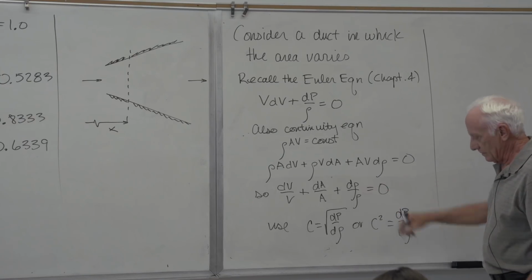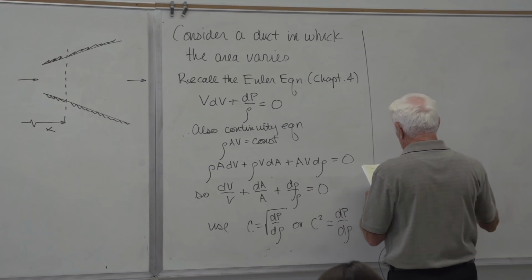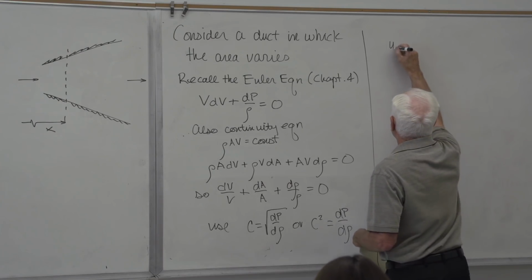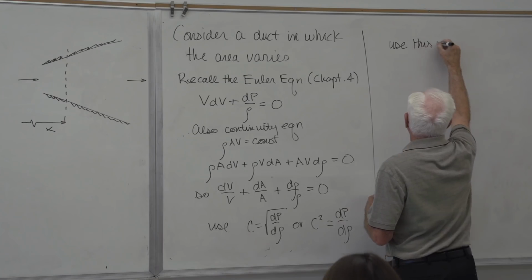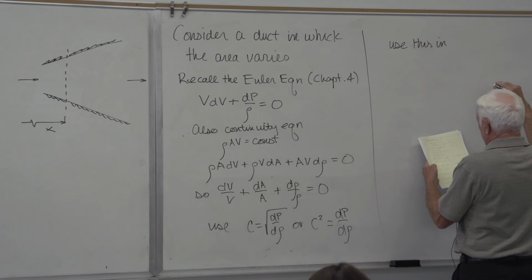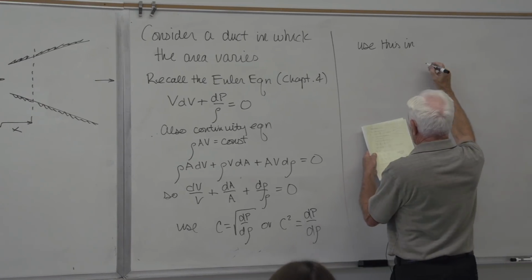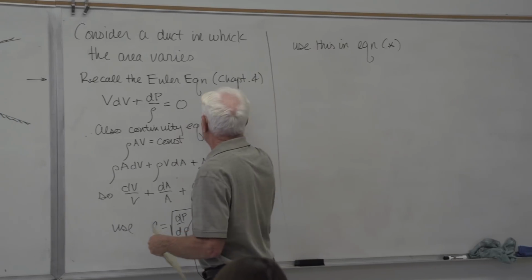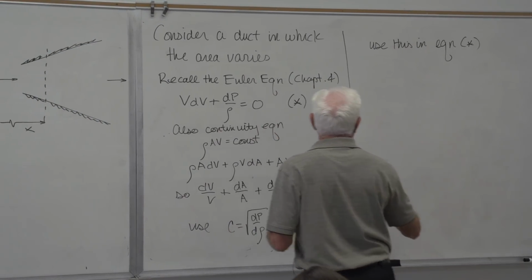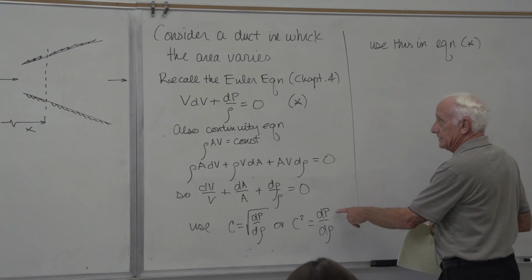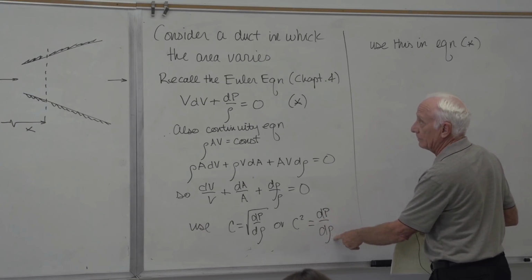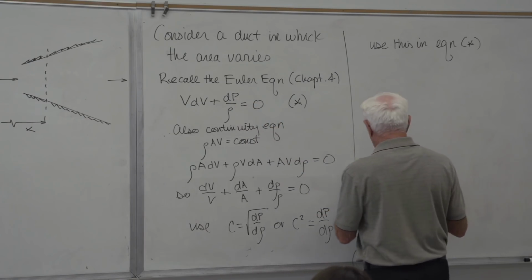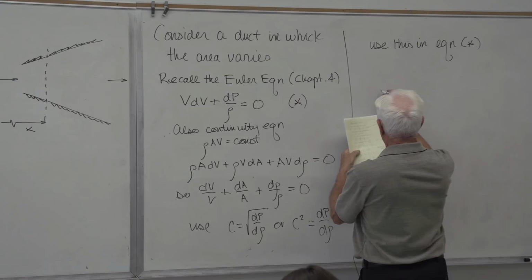There's my dP d rho, there's d rho. So go ahead and put that in equation star. There's dP. dP is c squared d rho, so replace the dP with c squared d rho, and we get this.